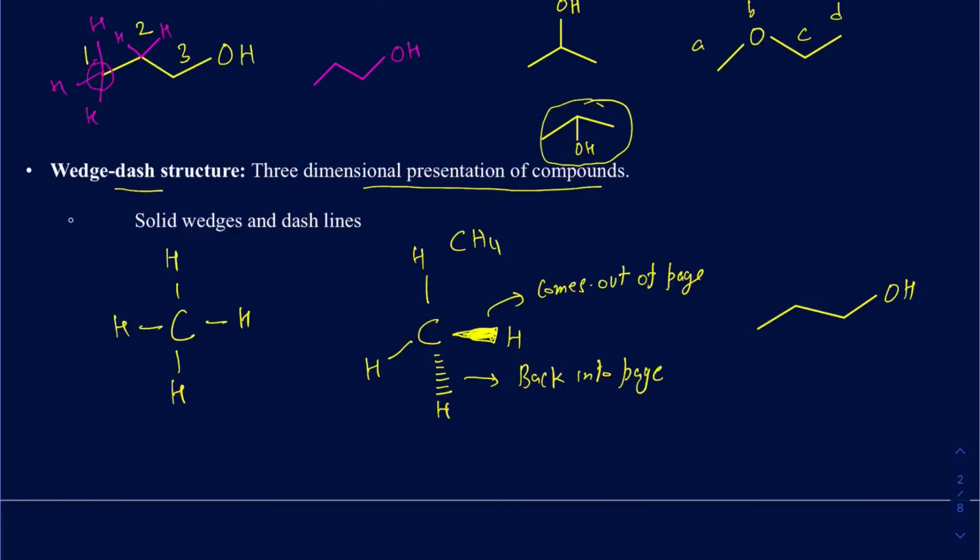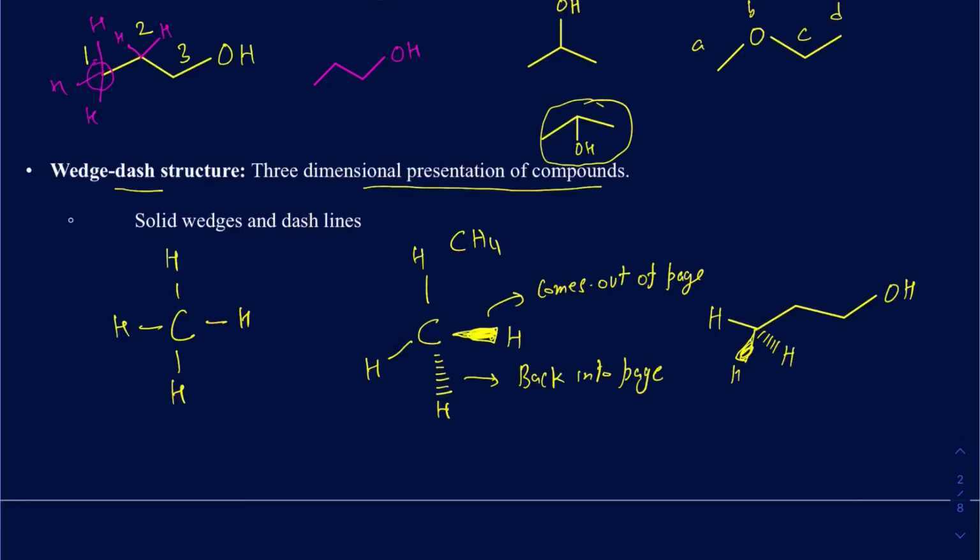And then you'll have 1 hydrogen here that's going to be still in the plane, and then you'll have 1 hydrogen coming out of the page, and then you have 1 hydrogen going back into the page. So make sure you have 2 bonds in the plane, and the other 2 will be into the page and out of the page.